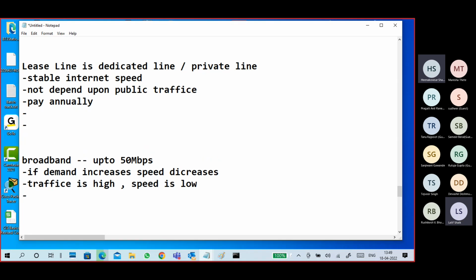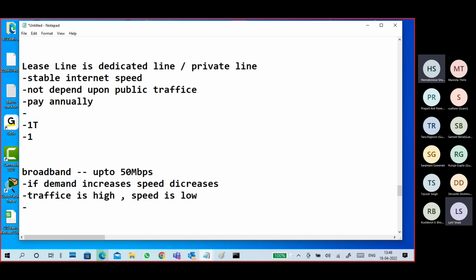There are standards also. T1 or E1 kind of standards are there, E1, T2, or T3 kind of stuff, E2 kind of stuff is there.